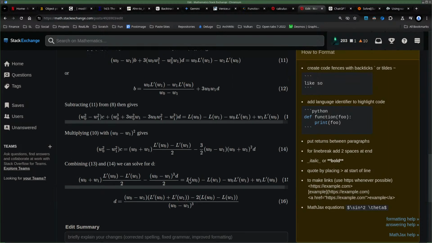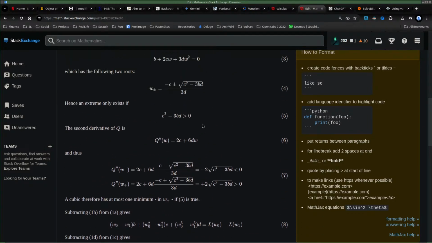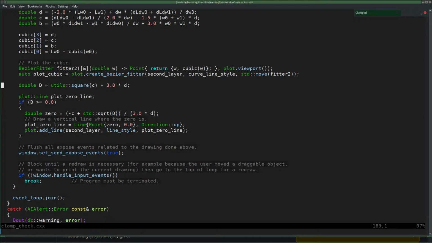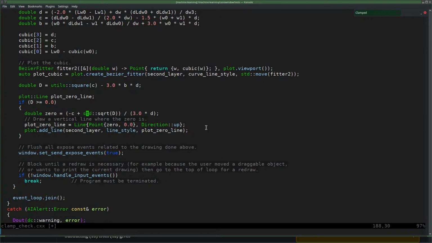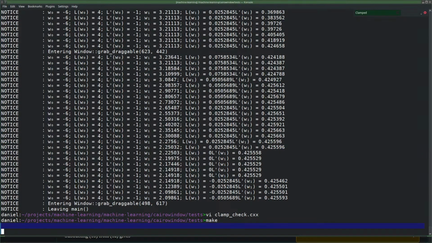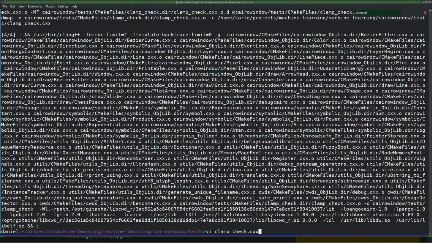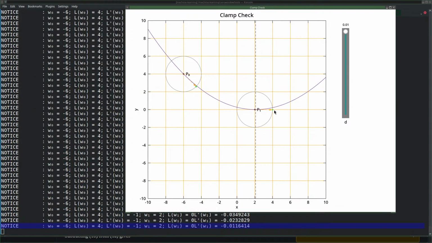Okay. That should be it. That's better. No vertical line. And then I do this, and there it is.